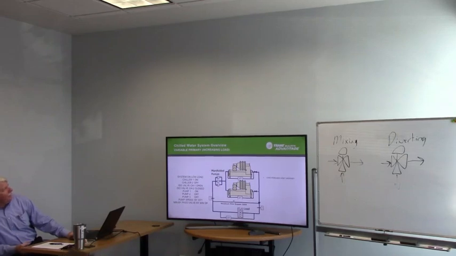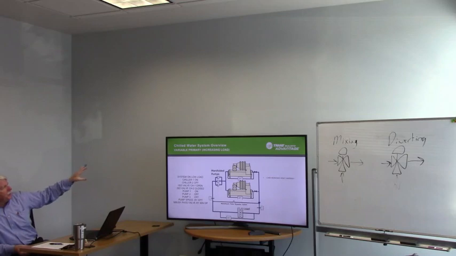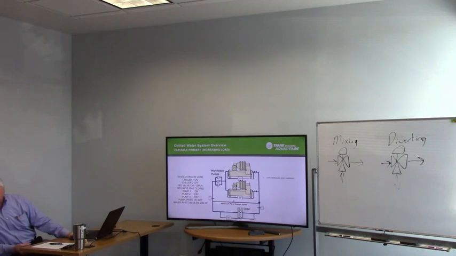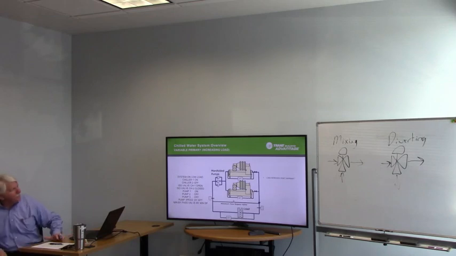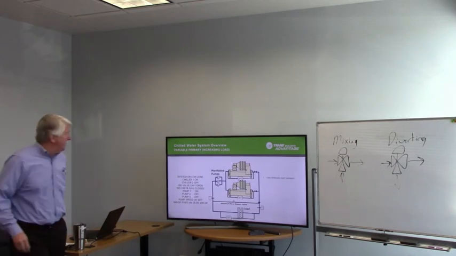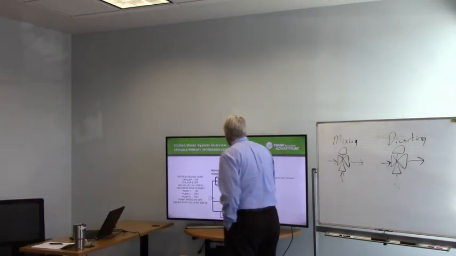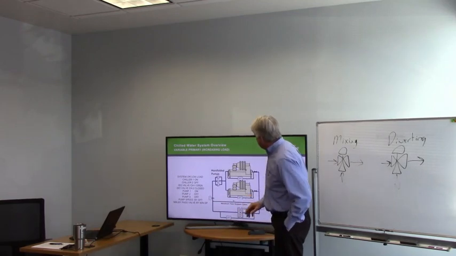Okay, now, the system's running on low load, we got one chiller running, everything's fine, okay? Now what happens when we want to bring on a second chiller? What do we do first? Isolation valve opens. Okay, now, we're going to make this real easy.